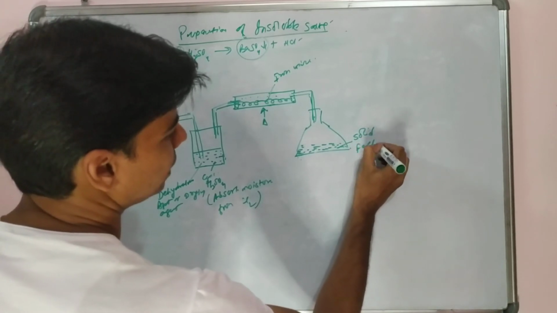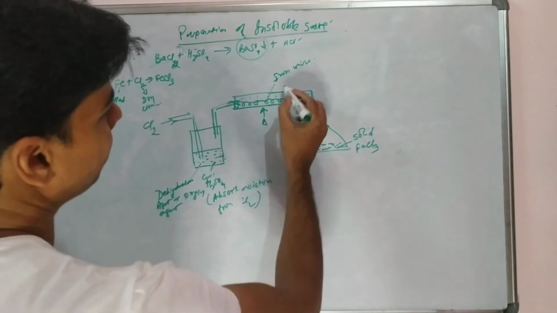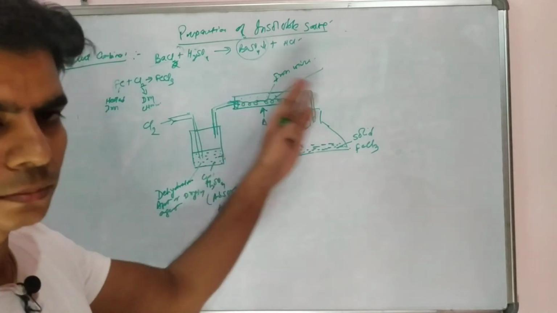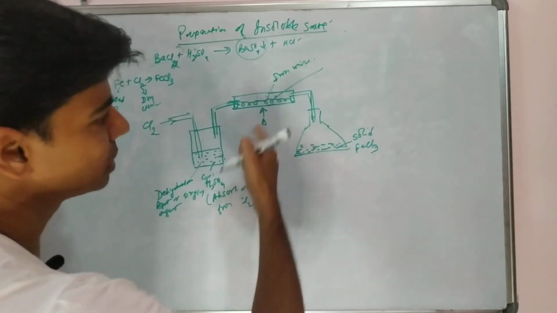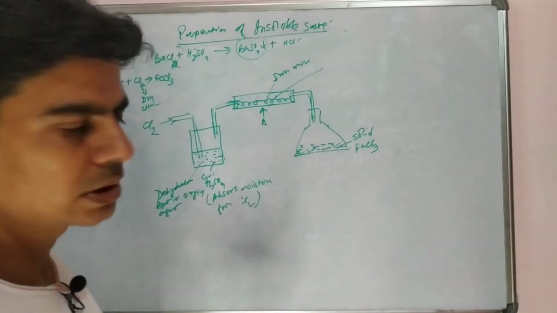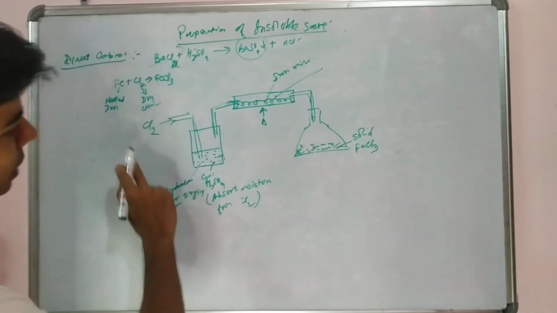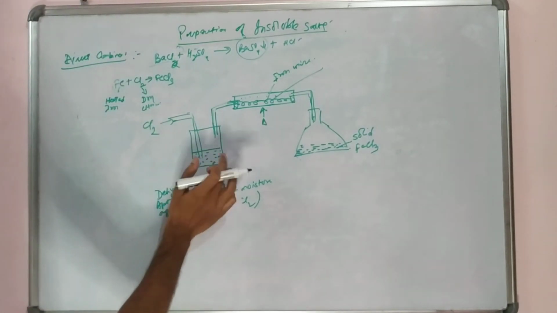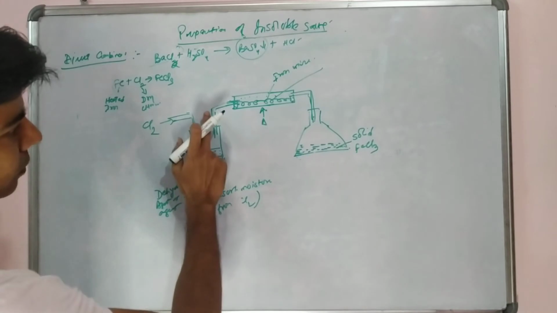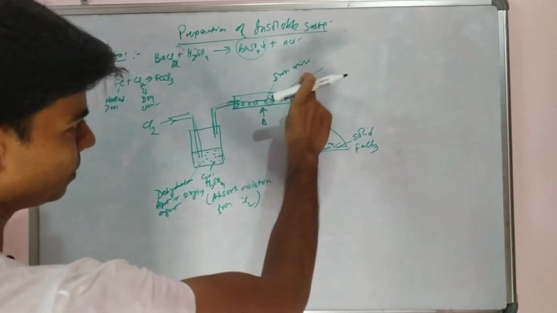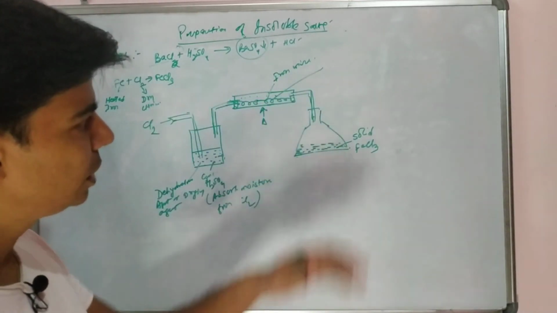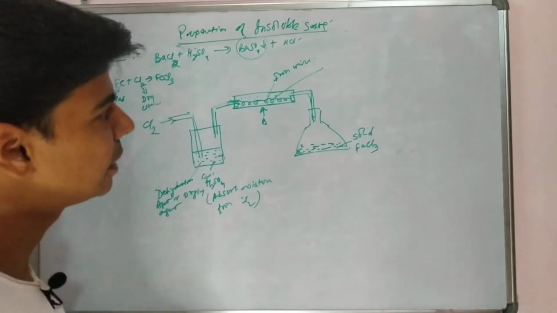Solid ferric chloride will condense here. Here in this combustion tube, what reaction is taking place? Dry chlorine that is coming from here, we are passing this dry chlorine over heated iron. This is heated iron.